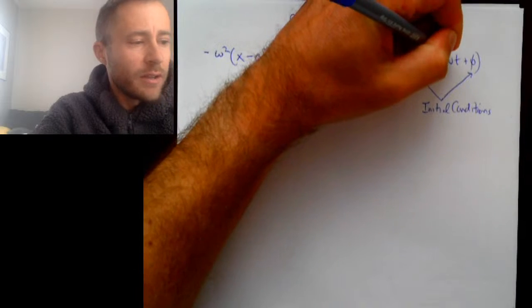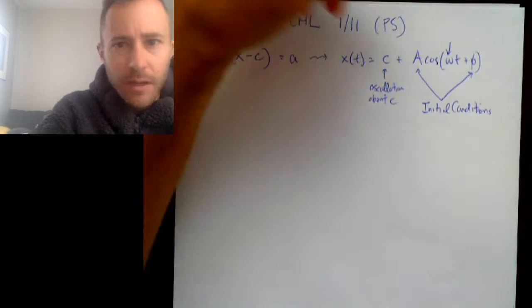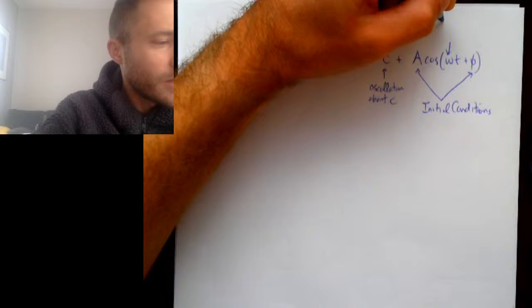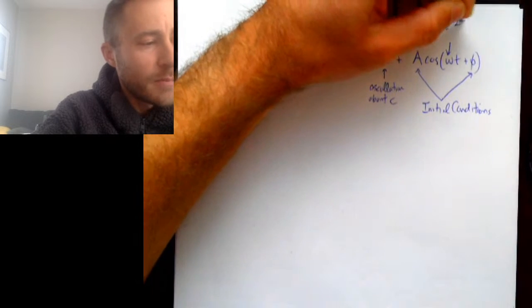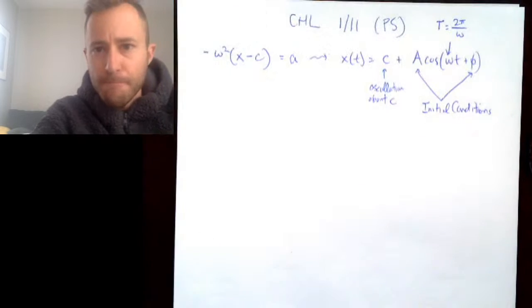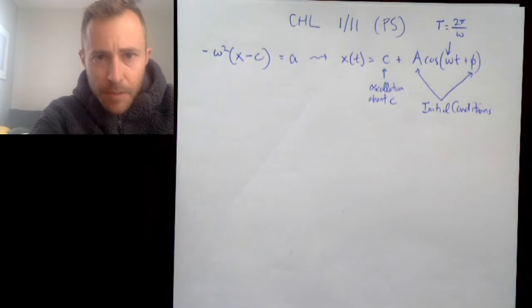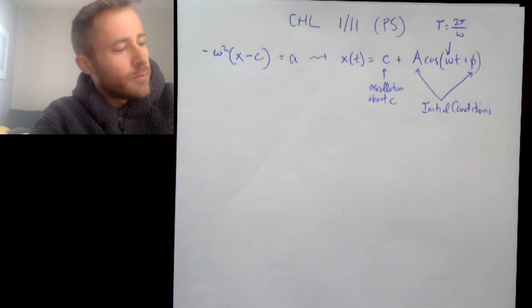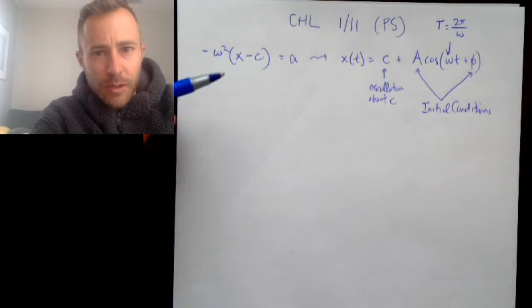And then omega is related to the period. The period is 2 pi over omega. So that's the information we're going to need for today.